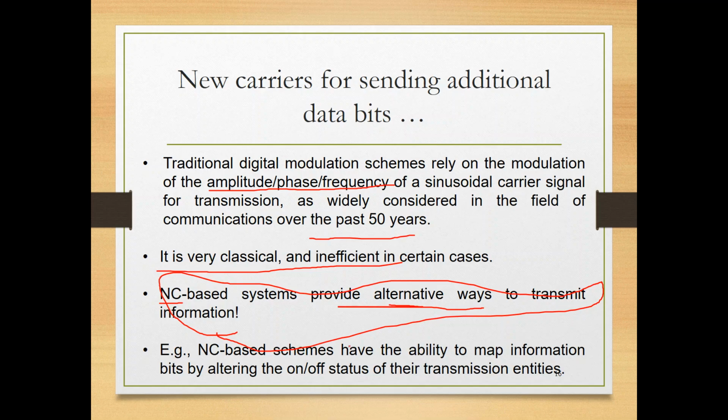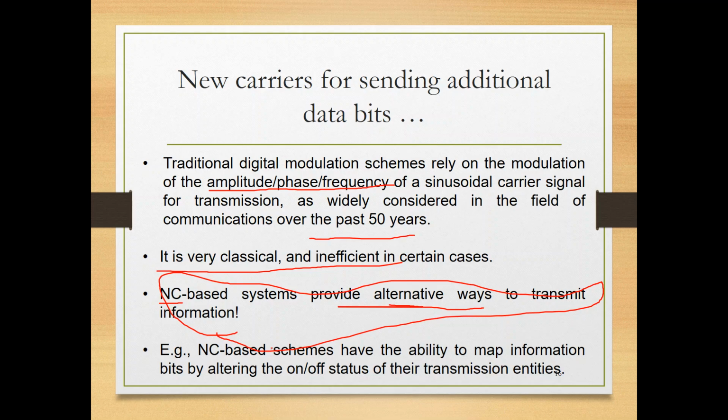In this case, for example, new carrier schemes like in the OFDM case, where you have the subcarriers, and these subcarriers in the baseband, if you divide them into subblocks and play with their properties, what properties do you have in the subblock?